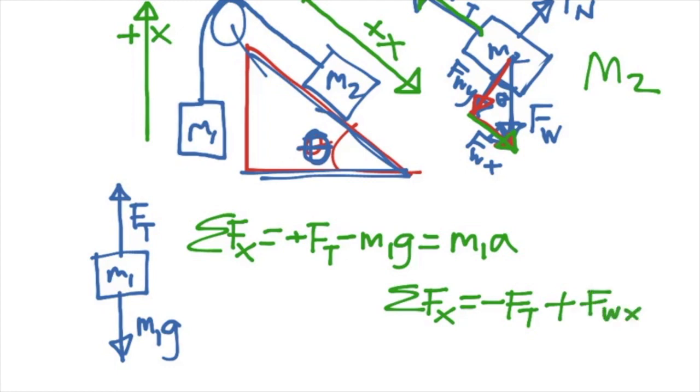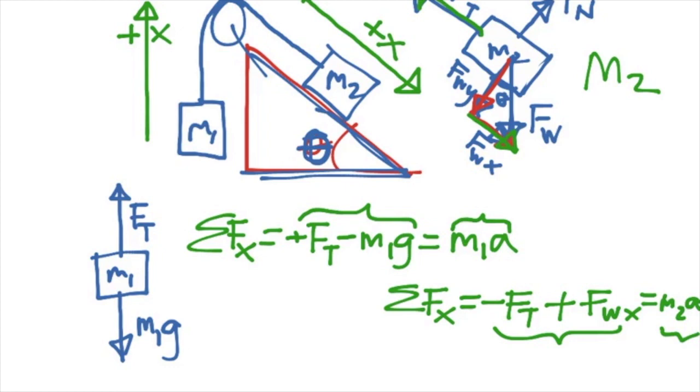And those together equal M2A. Now, that completes step 3. I have Fnet equals MA for mass 1, and I have Fnet equals MA for mass 2.